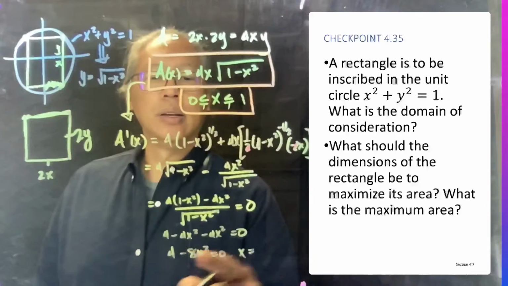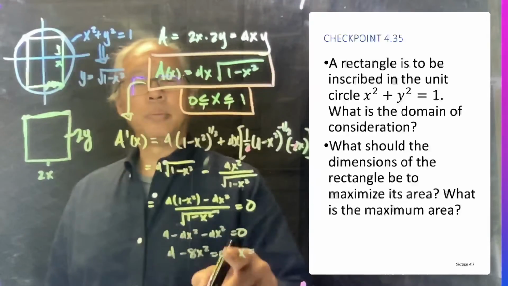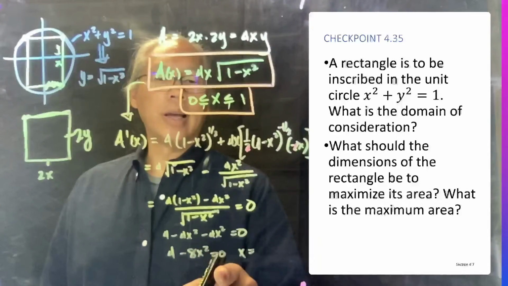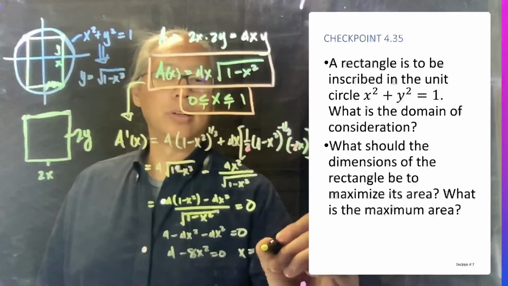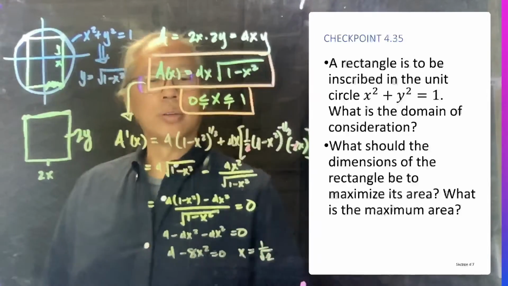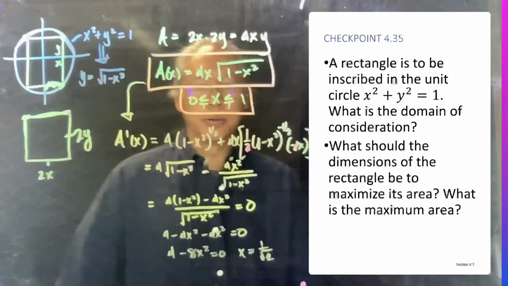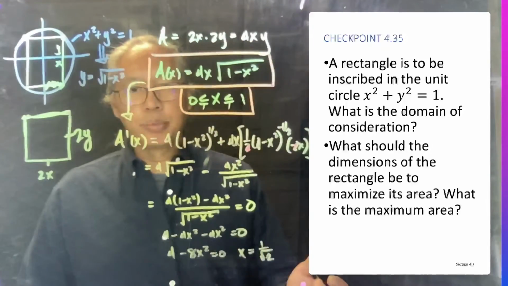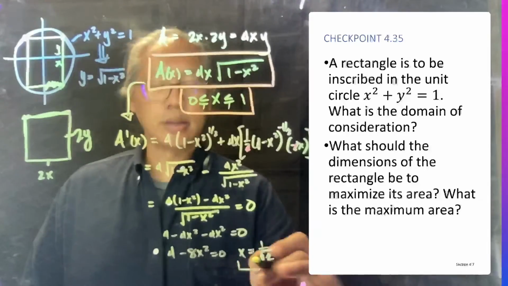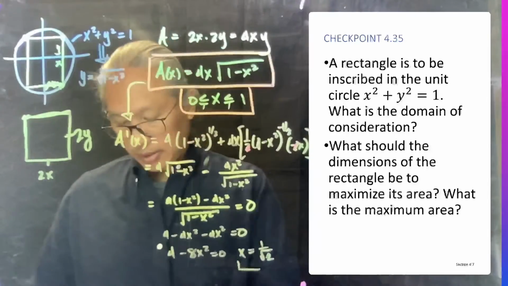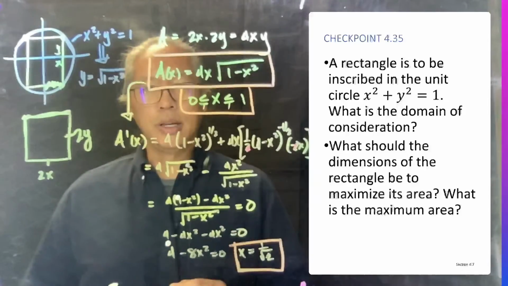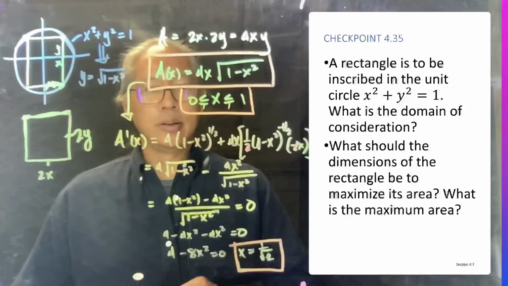So x, if we bring the 4 over and divide by 8, we're going to get 1/2, and then taking the square root, it's 1 over root 2 or root 2 over 2. Could have put plus and minus here, but we're going to want the positive value anyways, so we'll keep it positive, and this would be the x value that you would have.